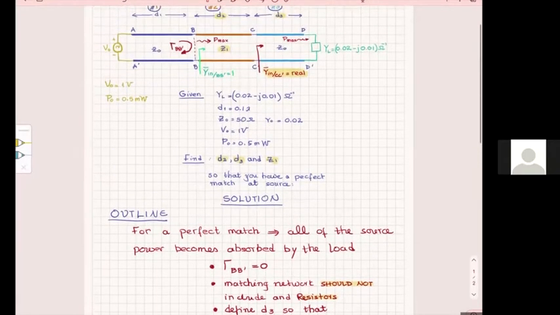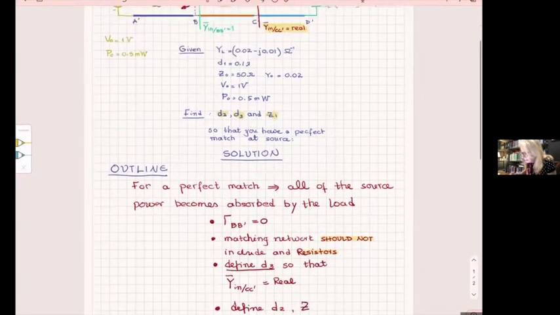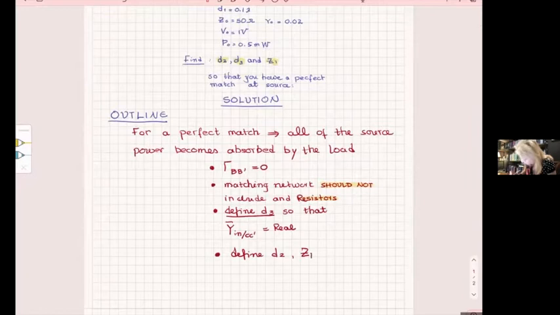And then define D2 and Z1 so that Y normalized input at B prime is 1.